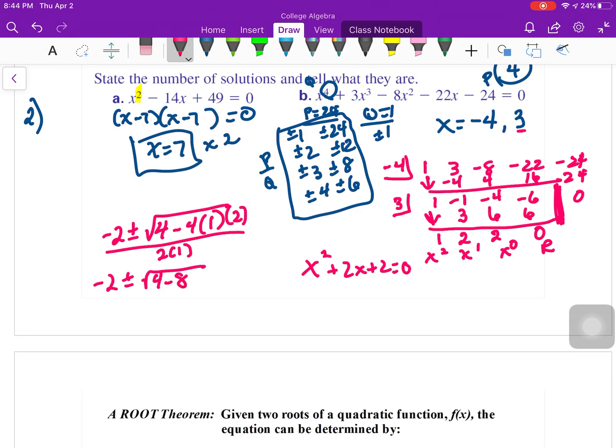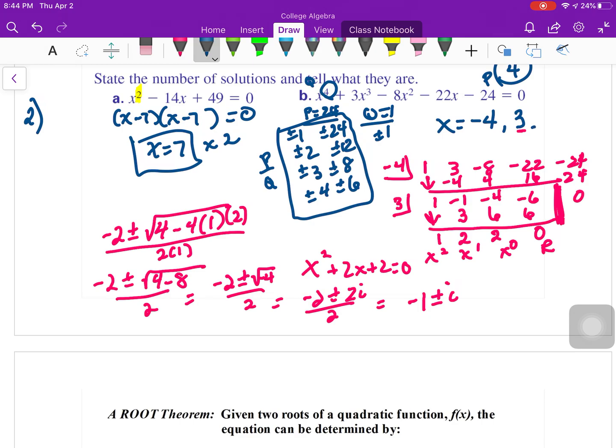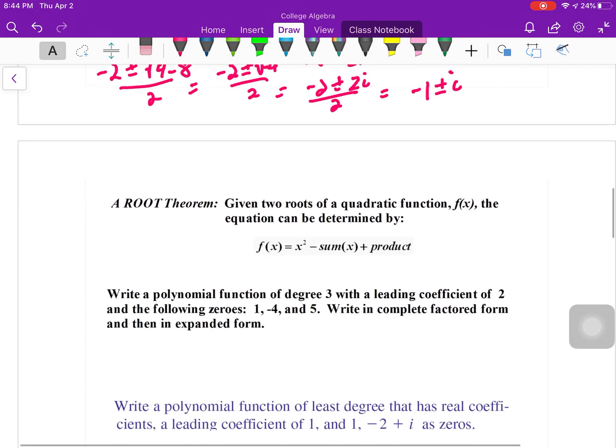That gives me negative 2 plus or minus the square root of 4 minus 8 all over 2, which is a negative 2 plus or minus the square root of a negative 4 over 2, which is a negative 2 plus or minus 2i all over 2, which is a negative 1 plus or minus i. So my other roots are negative 1 plus i and negative 1 minus i. And I have my 4 total roots.